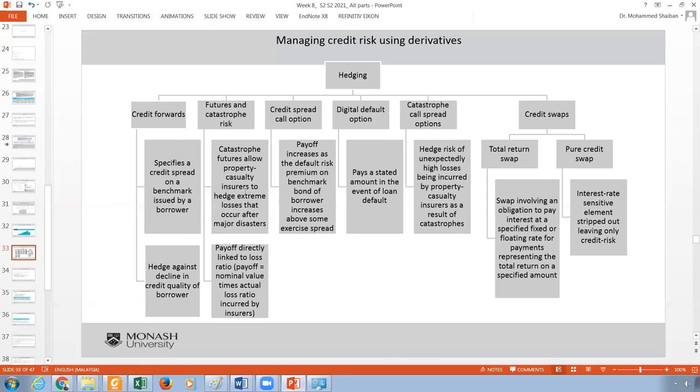Catastrophic futures allow property casualty insurers to hedge extreme losses that occur after major disasters. And this is happening, for example, with all those houses. This is happening all the time in the United States, on the East Coast and the West Coast, especially in areas like Florida, where you always have those tornadoes.